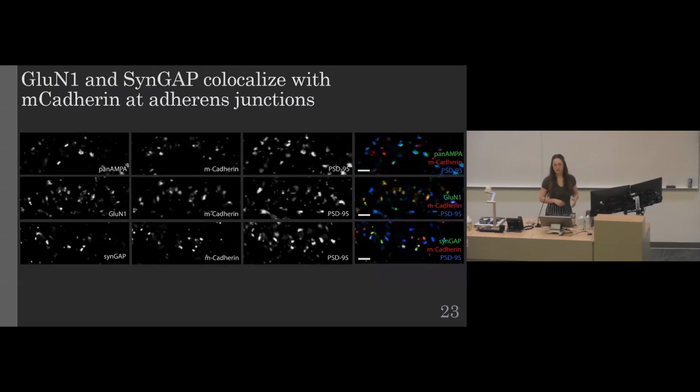It was localized to the PSD95 positive synapses. GluN1 and SynGAP both showed colocalization with M-cadherin as well as PSD95 at these extrasynaptic sites, indicating that GluN1 and SynGAP are both localized together at extrasynaptic sites in the cerebellar glomeruli.